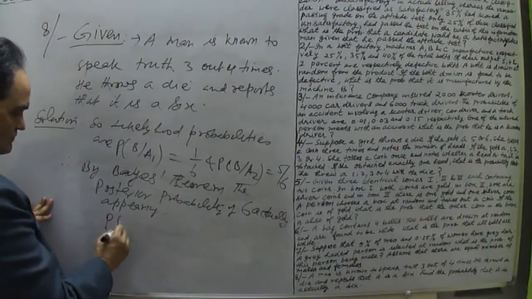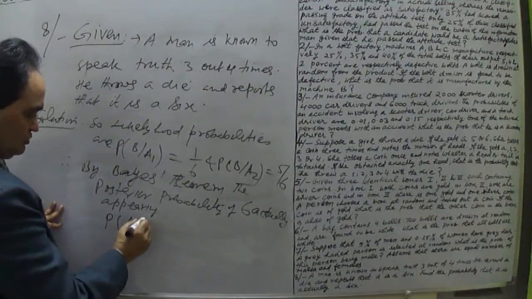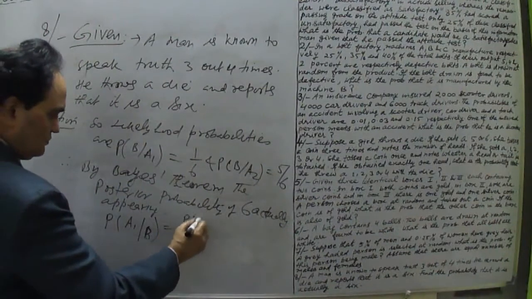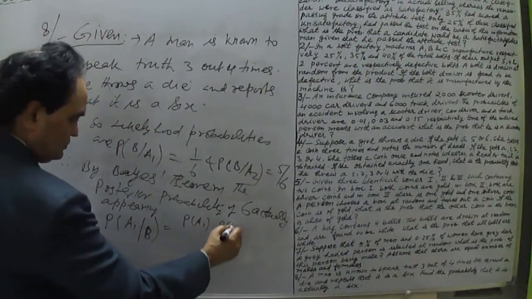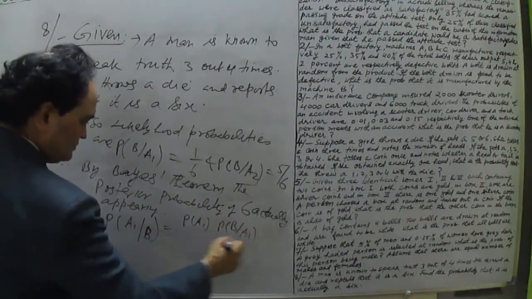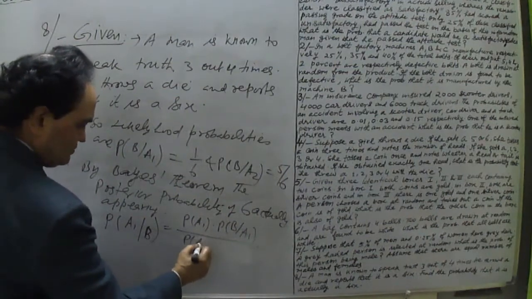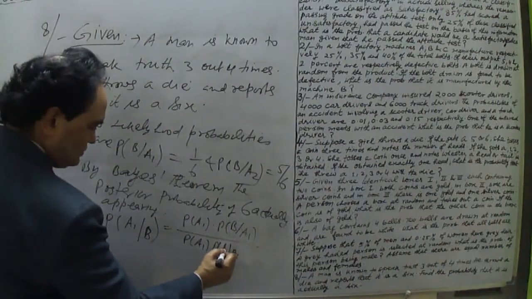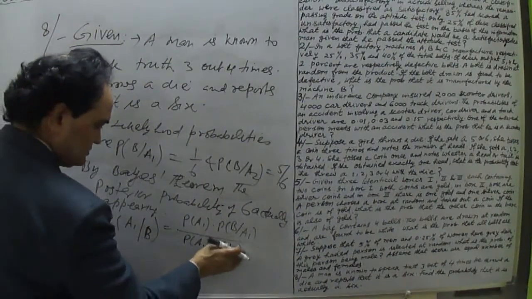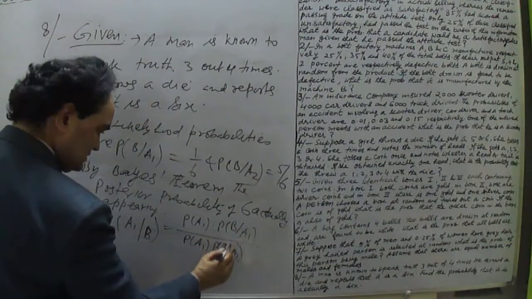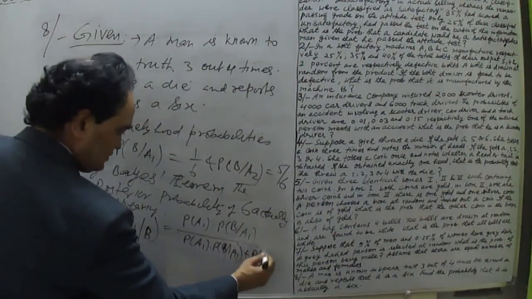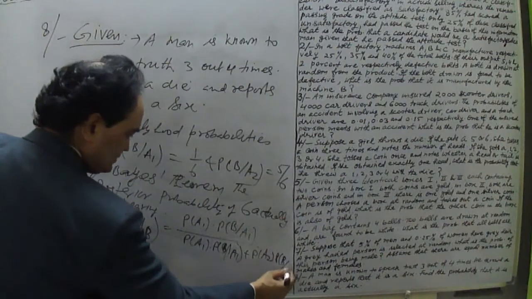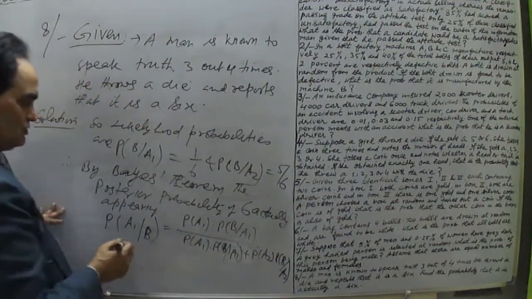This is the probability of A1 with respect to B, equal to probability of A1 into probability of B given A1, divided by probability of A1 into probability of B given A1, plus probability of A2 into probability of B given A2, right?